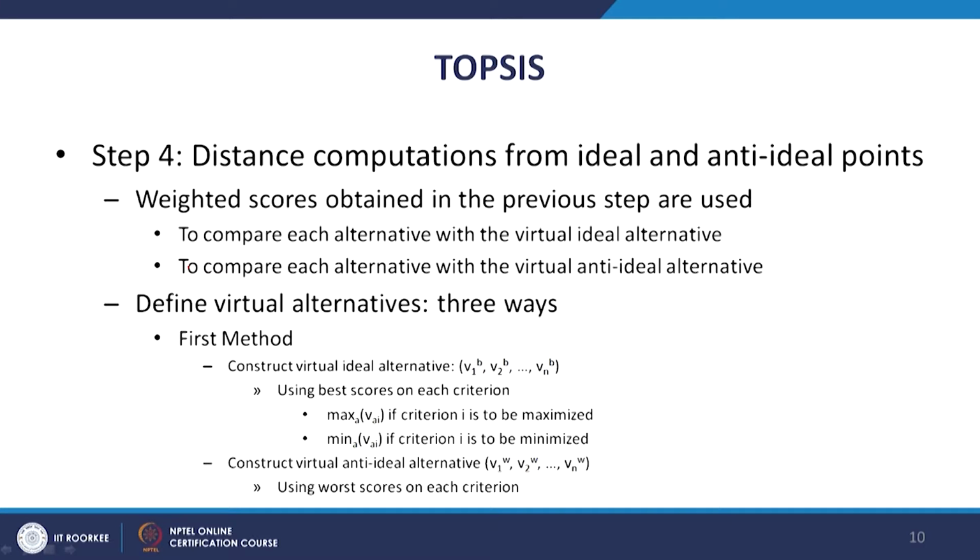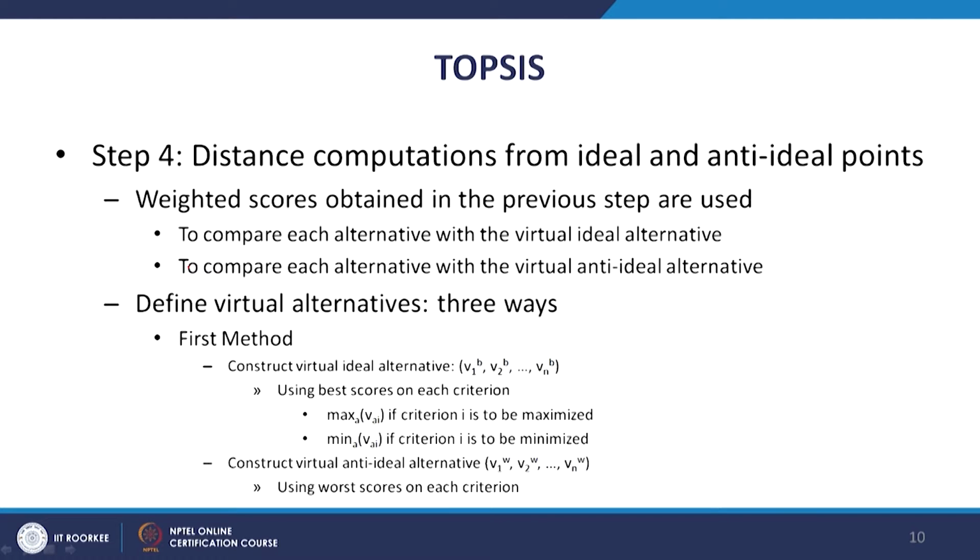Similarly, to construct the virtual anti-ideal alternative, we have to pick the worst value. So, again two scenarios. If criterion i is to be maximized, and since we are picking the worst value, we will take the minimum value. And in the second scenario, if criterion i is to be minimized, then since we are looking for the worst value, we will take the maximum value.